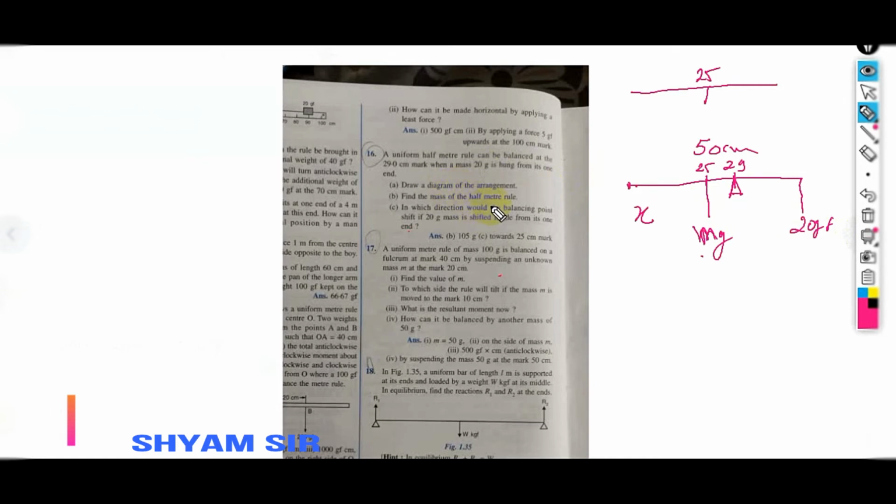So as we have discussed already, what is the distance between this and this, where all the weight is acting, so the weight on this side, meaning the anti-clockwise force, is equal to the clockwise force. So we have to find the mass into the distance between them, 29 minus 25, should be equal to the clockwise moment, that is 20 into the weight, and what is the distance?